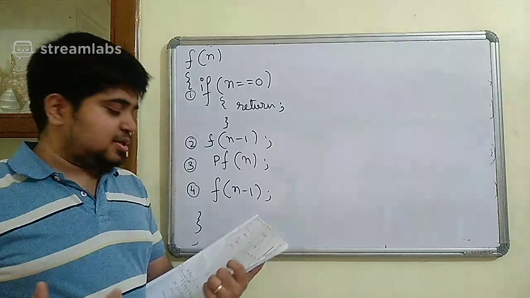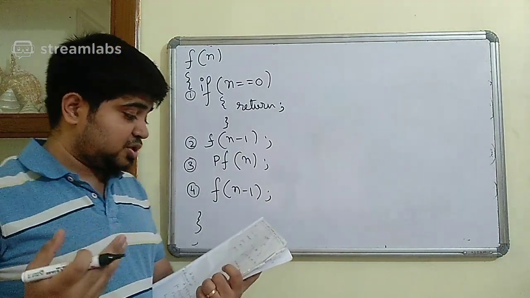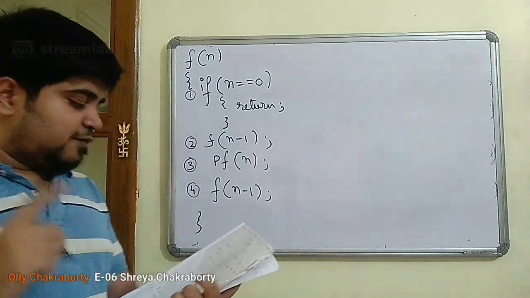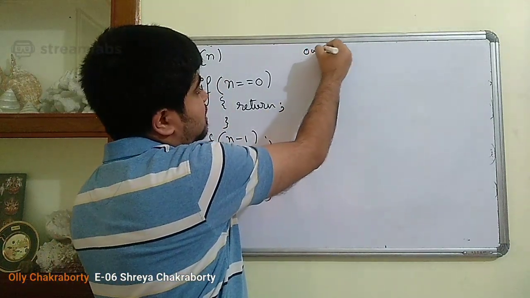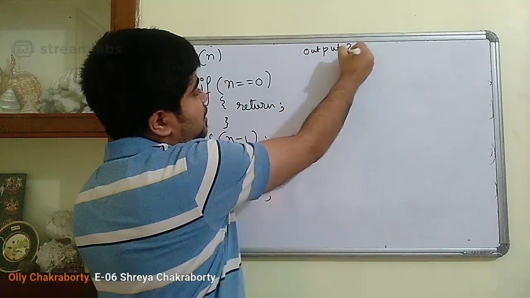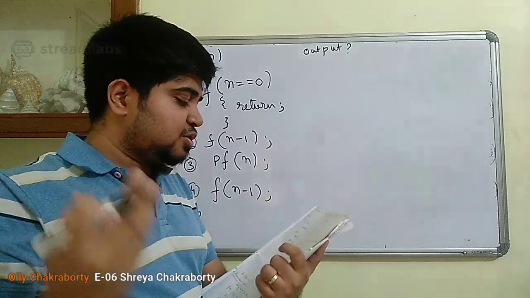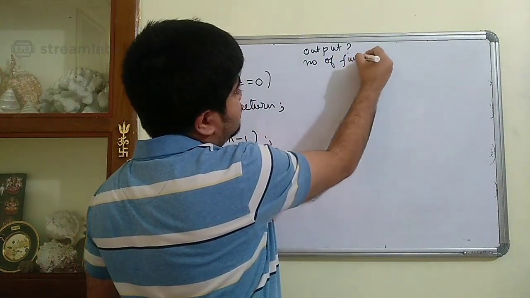So if I write this and call this, let's check what happens. Suppose there are two questions. The first question is, what is the output? And the other question is, how many function calls are performed? That is the number of function calls.